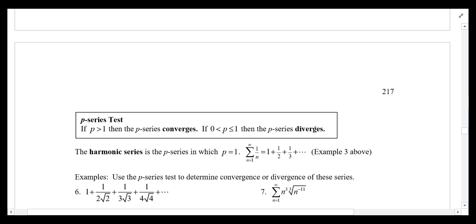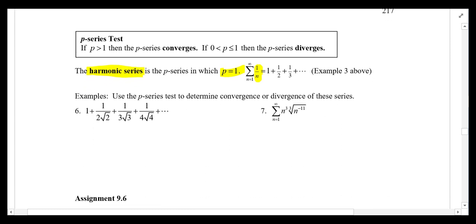Now there is a special series. The number 3 example here, where I had 1 over n, is a special series called the harmonic series, where p is equal to 1. And that one, interestingly enough, yes, it diverges. So if you can write the terms as a p-series, then you don't have to do integral tests. You can just quote the p-series test, and boom, get the answer.